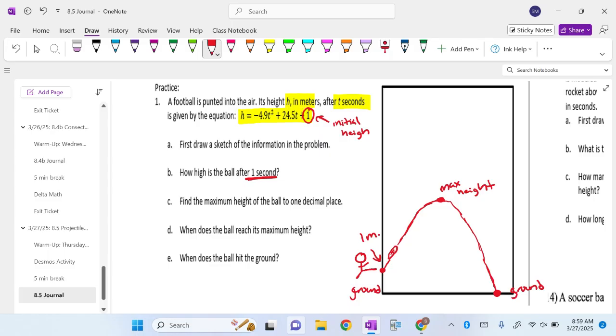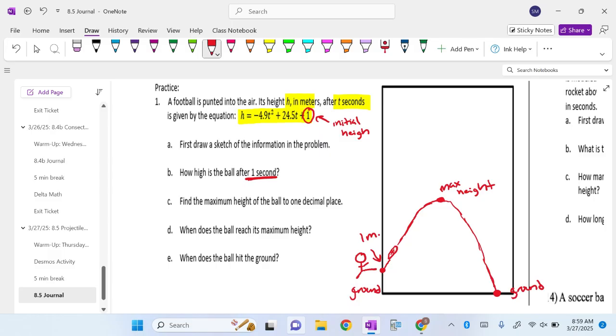So remember, we're going to find a point of intersection on our graph by writing another equation. What equation would I write? We're looking for when what is equal to 1. Which value does the seconds represent? Your x or your y? So, which variable in the original equation represents seconds?